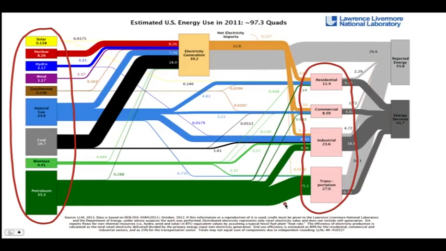That's the way it's split up on the right-hand side. So we're focusing today on electric power generation. Let's follow the flow of what comes into the electric power conversion process and what leaves the conversion plants that produce the electricity.